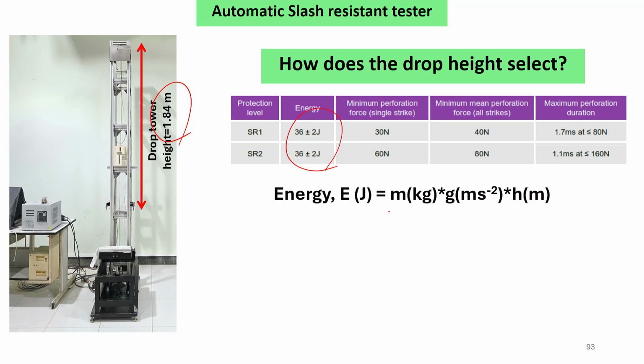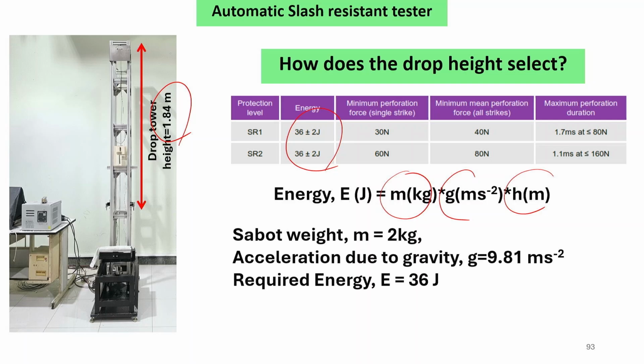The energy is mgh: mass, g and height. The sabot weight is known, 2 kg, the gravitational acceleration is 9.81, and the required energy is 36 as per the standard.